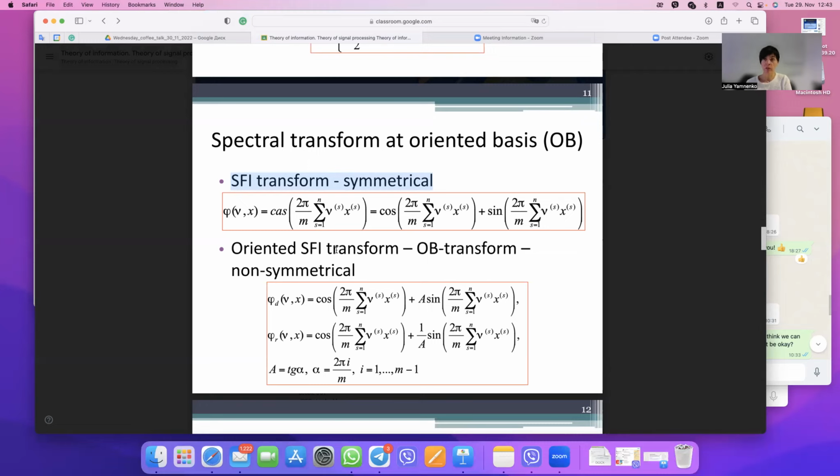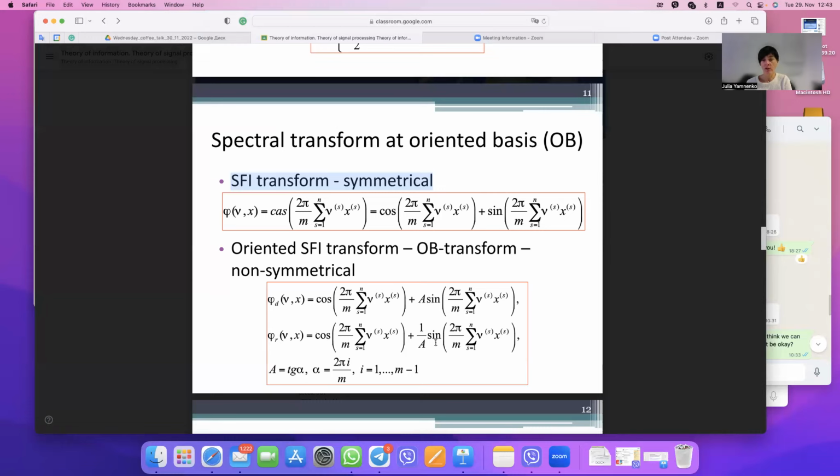But if we apply orientation, we will obtain a new method, and actually we do the same as on the previous slide for the orientation of the Hartley transform. We put a multiplier a in the formula for the direct basic function and 1 over a in the formula for the inverse basic function.